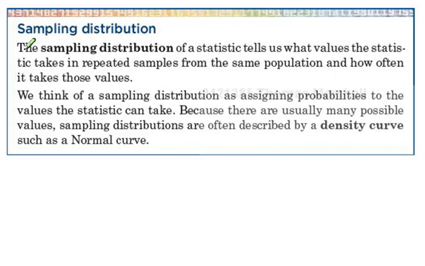And all that led us to this idea of a sampling distribution. And this paragraph probably sums it up as easily as it can be summed up. A sampling distribution just tells us what values some result, some random event, can take, and how often those outcomes should occur.